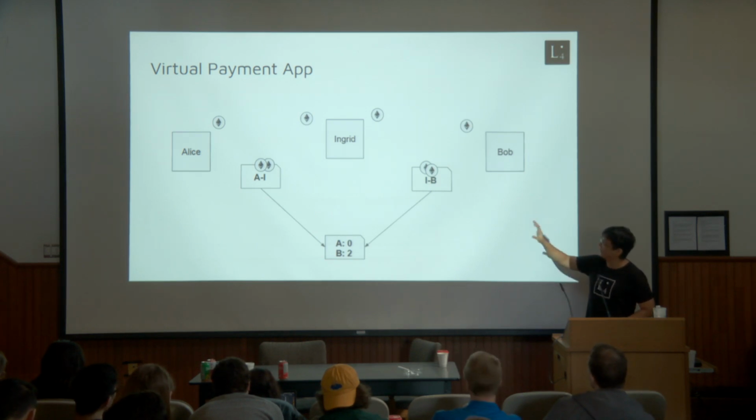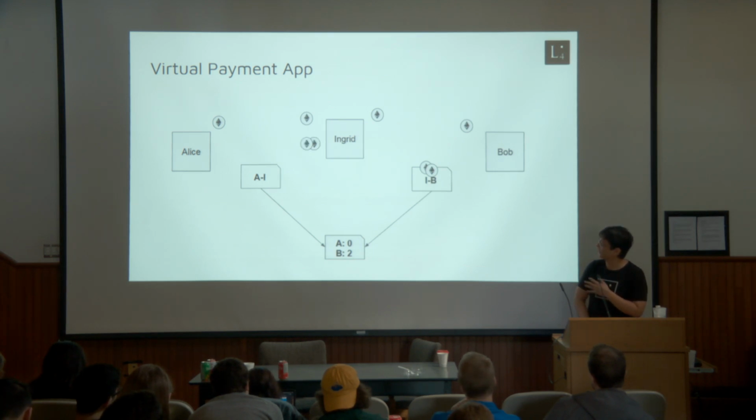Then the contracts locked up in the individual channels look at this outcome and route it as though it was a single payment. So Alice would pay Ingrid 2 ETH, and Ingrid would pay Bob 2 ETH. That's how a virtual payment app works.